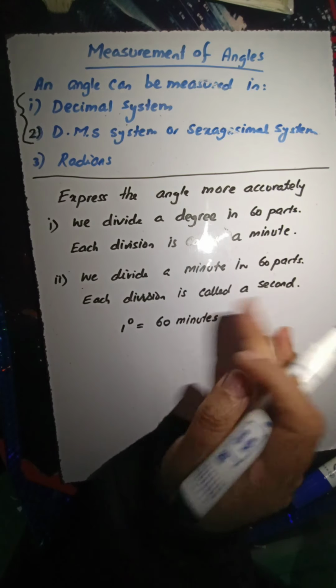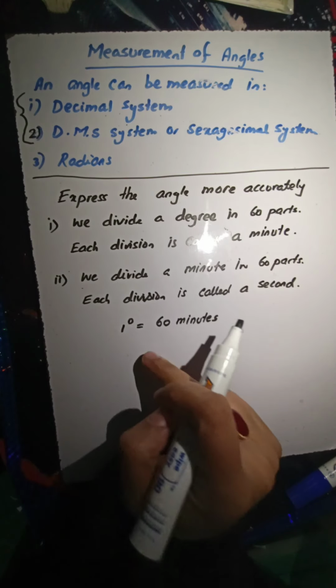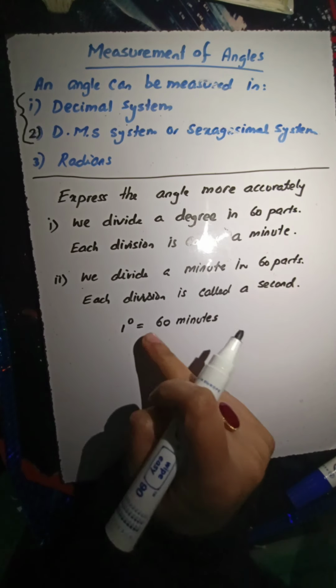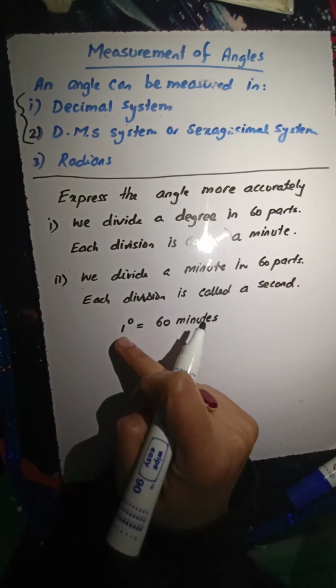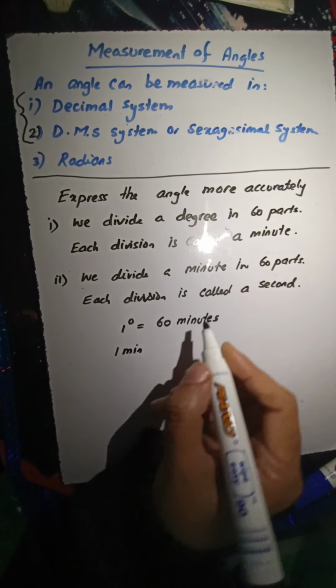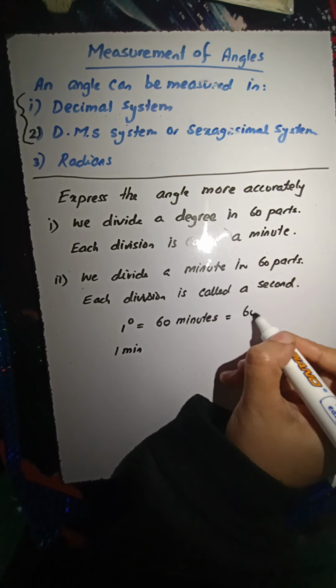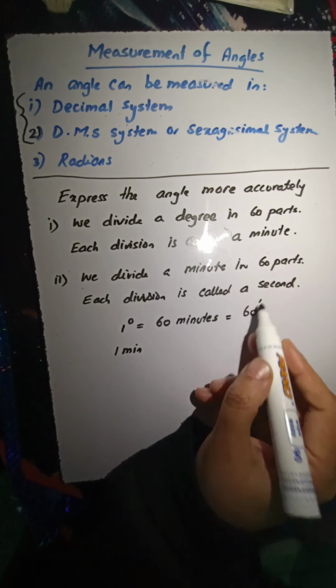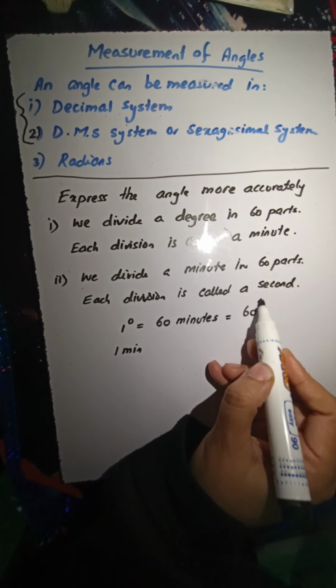In a similar way, we have divided 1 degree into 60 divisions, and these divisions are called minutes. So there are 60 minutes in 1 degree, and we write it as 60 with a slash. This is the notation that we use.